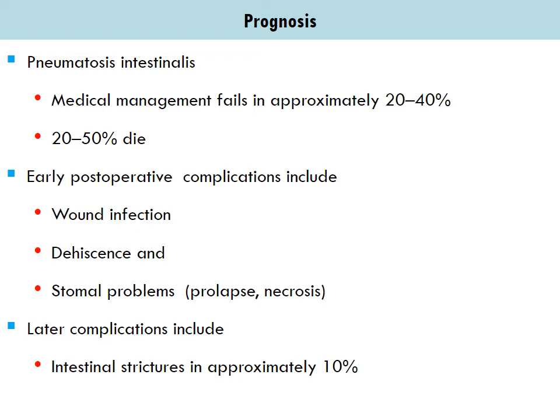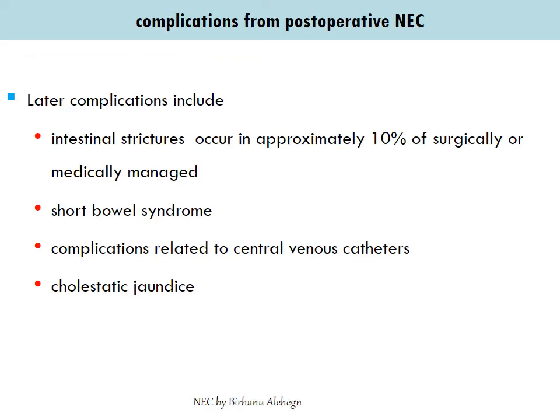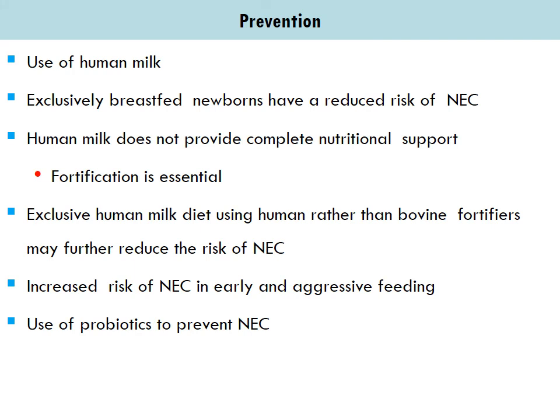Complications after massive intestinal resection include short bowel syndrome, malabsorption, growth failure, malnutrition, complications related to central venous catheters, sepsis, thrombosis, and cholestatic jaundice. Preterm infants with necrotizing enterocolitis who require surgical intervention are at increased risk for adverse growth and neurodevelopmental outcomes. Finally, to prevent necrotizing enterocolitis.